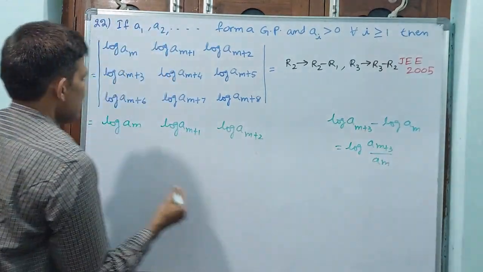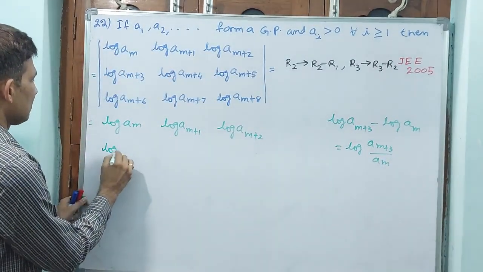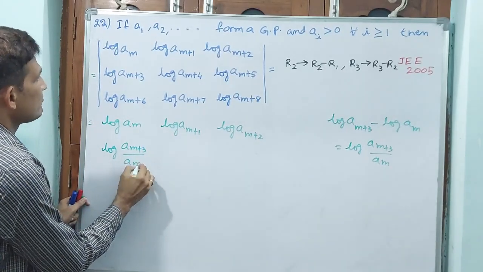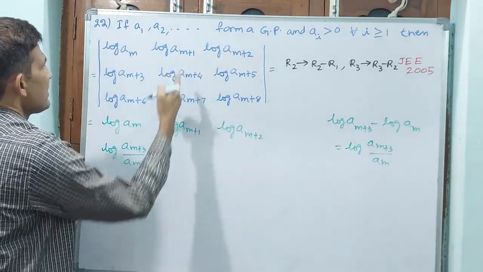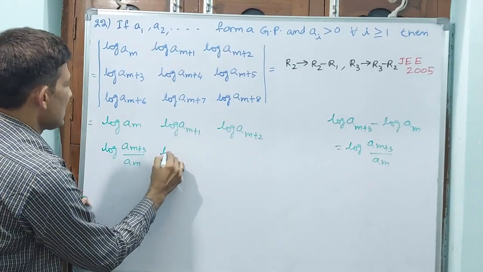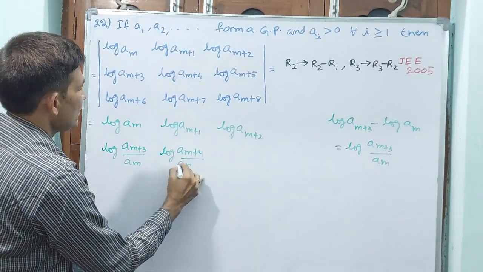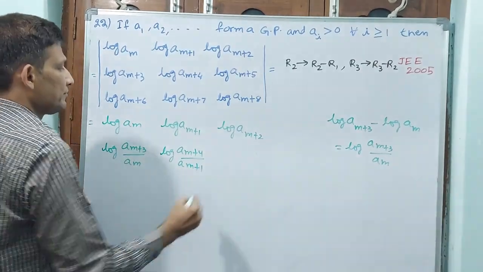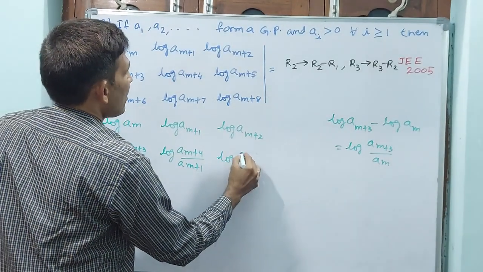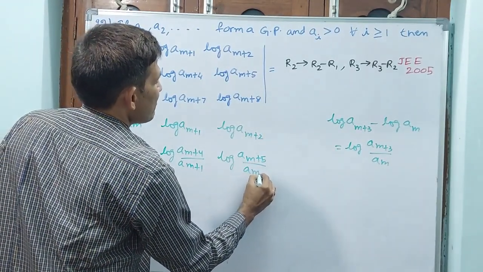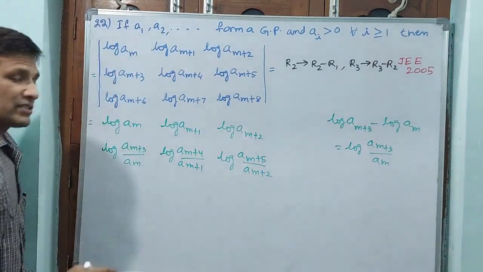Log of Am plus 3 divided by Am, log of Am plus 4 divided by Am plus 1, log of Am plus 5 divided by Am plus 2. Okay, this second row is over.